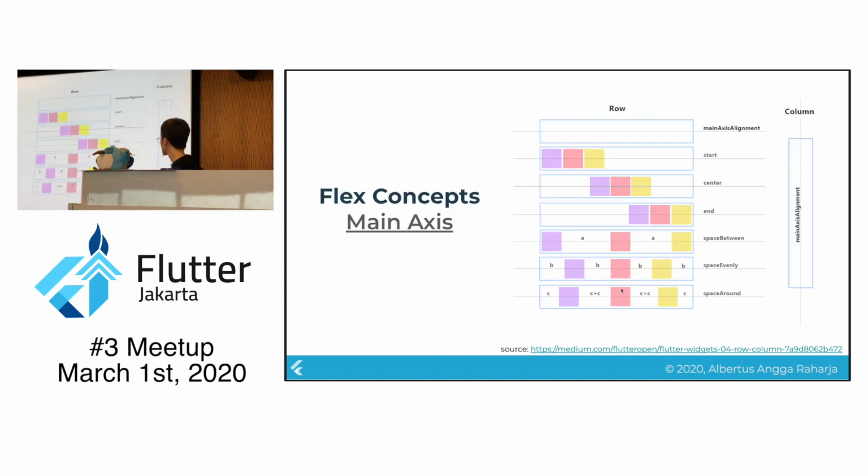So let's talk about main axis. In CSS Flexbox, you have all of this, and in Flutter, you have also all of this. So you have start, end, center, space between, space evenly, and space around. What does it mean? If you specify your main axis alignment, which is default to start, if I'm not mistaken, and you have available space here, your children will be placed at the start of the available space.